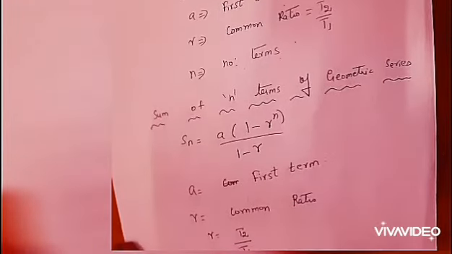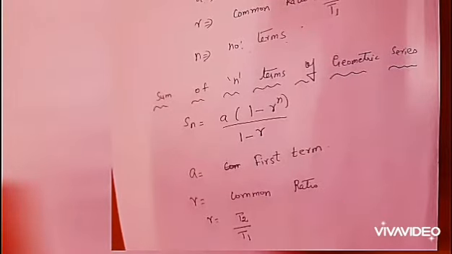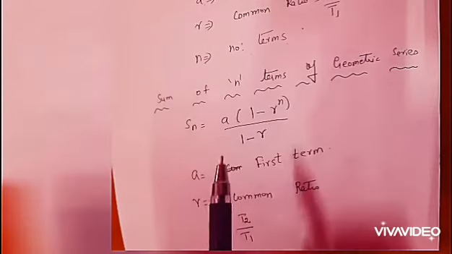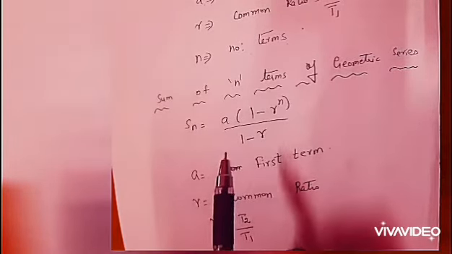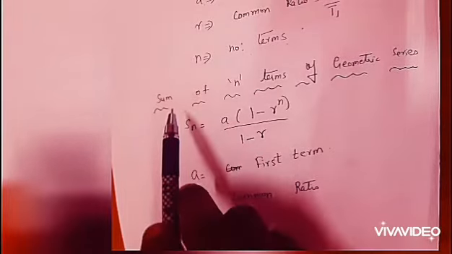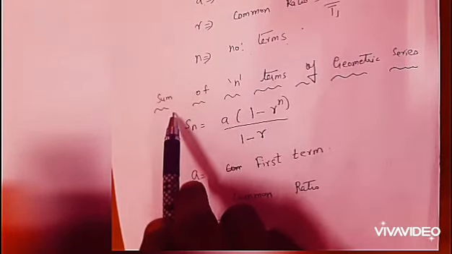Next, how we are going to find the sum of n terms of geometric series. In my previous video, I taught you how to solve the problem based on sum of AP. In this video, we are focusing on geometric sequences.